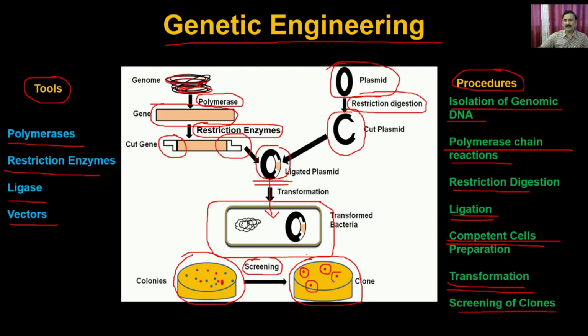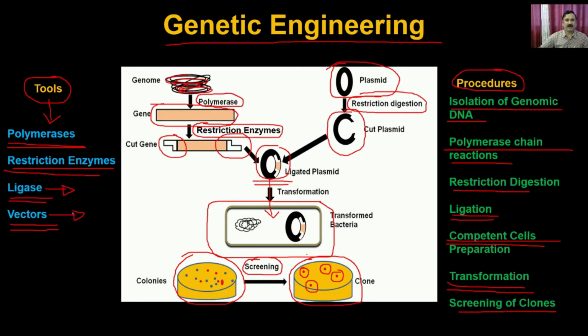Following these schemes, in the previous lectures, we have discussed all the tools you are going to use in these procedures. We have discussed the polymerases, the restriction enzymes, the ligase, and the different types of vectors.